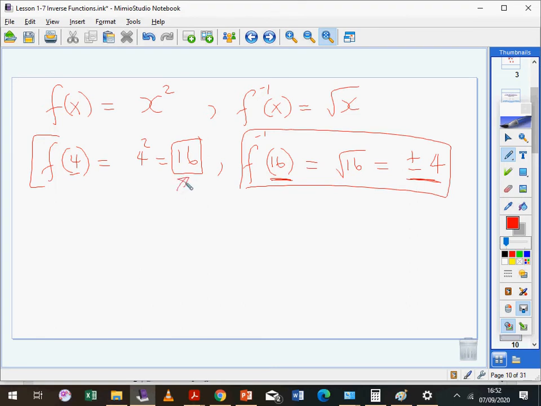So I hope you can see that a function like this would be a 2 to 1, where you have 2 values of x to 1 value of y, right? A function like that would not have an inverse over the whole domain of the function, because in this expression here, I have one input going to 2 different outputs.